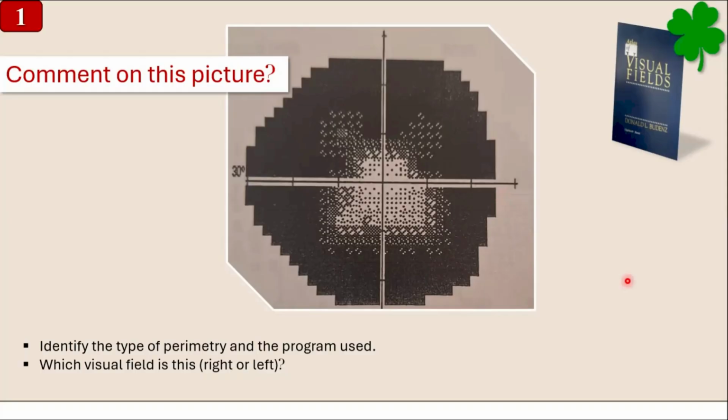So, Dr. Kaushik, can you tell us why you said this is the right visual field? Though we say the visual field is 24-2, to pick up the nasal field defect, which is one of the earliest changes in glaucoma, the 24-2 field in the Humphrey visual field has 24 degrees on the temporal side, but on the nasal side it is 30 degrees.